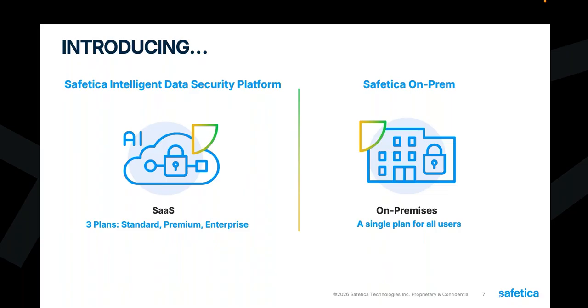And then in comparison, Safetica On-Prem on the right is designed for highly regulated environments to help users maintain full control over security configurations and infrastructure control, compliance, and offline readiness for those who require full control over data location and storage. And it's offered in a single plan. Next slide, please.